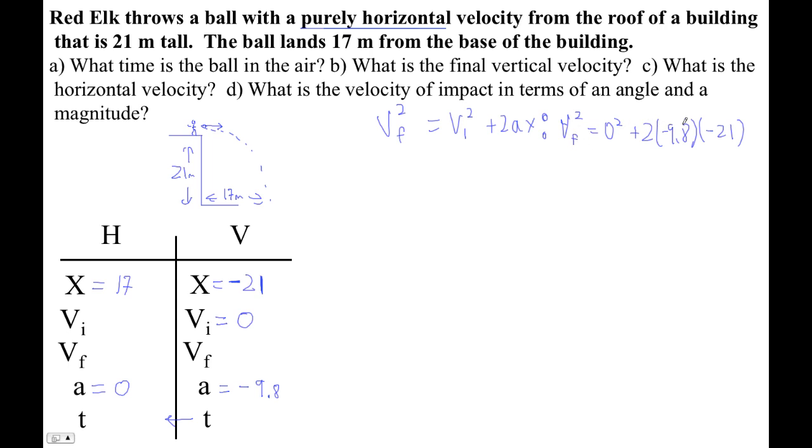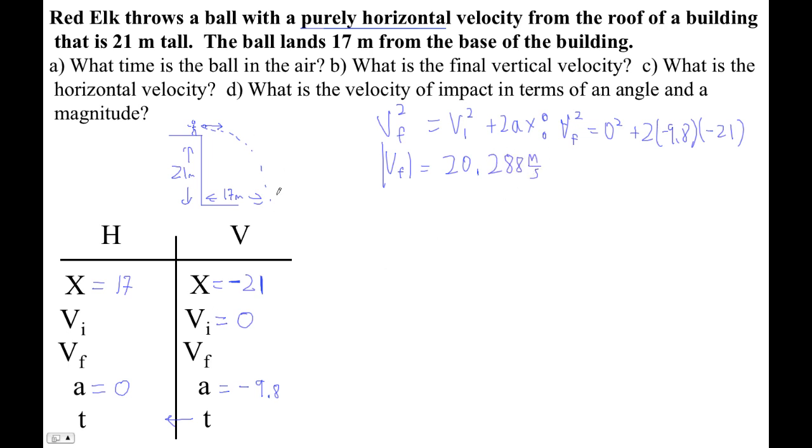So I'm going to do this times this times this, and then the square root. Second square root of 2 times negative 9.8 times negative 21, right parentheses. And I get 20 point, the absolute value of the final velocity, because remember, we square rooted a square. So all we know is that the absolute value of it is 20.288. I'm rounding here a little bit.